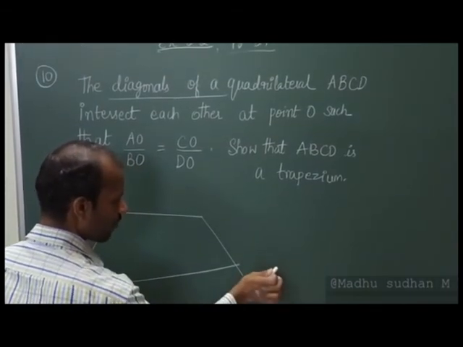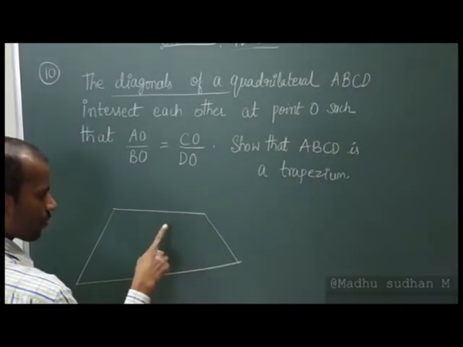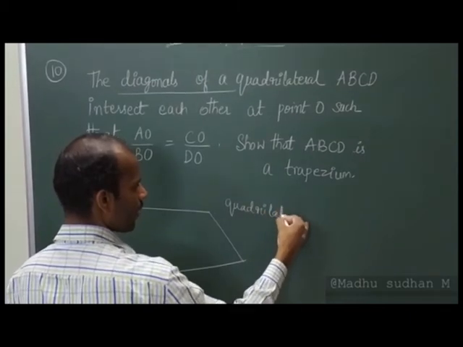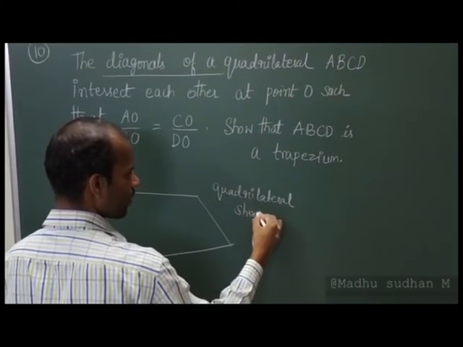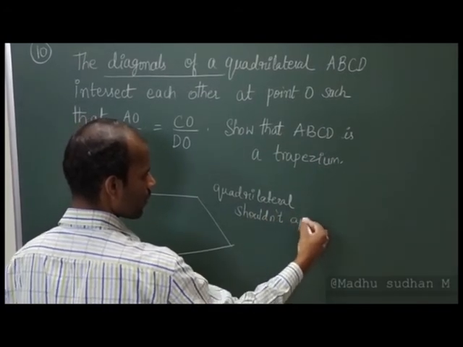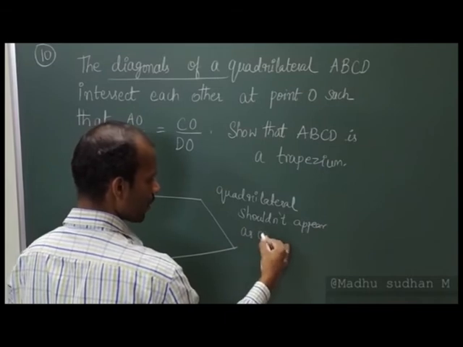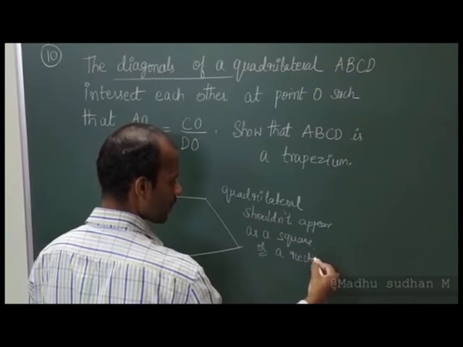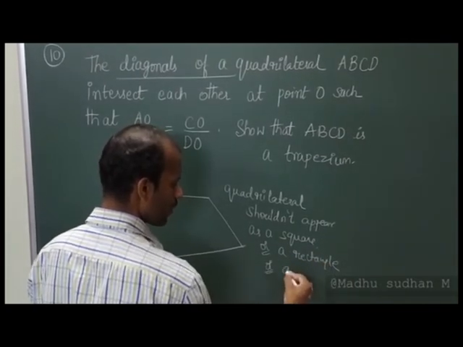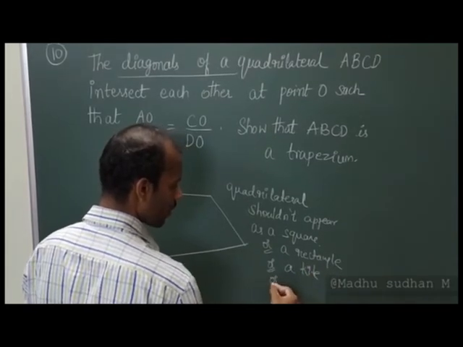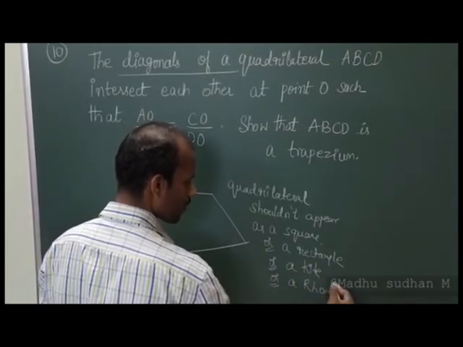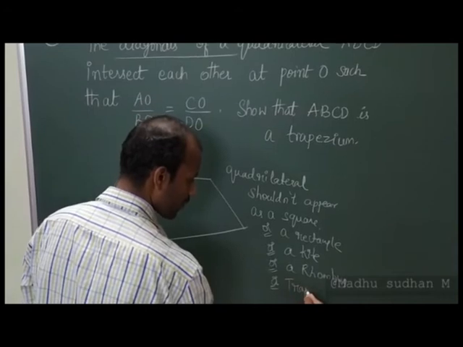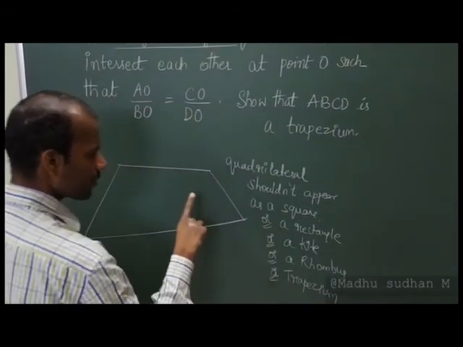When it is said a quadrilateral, this quadrilateral shouldn't appear as a square or a rectangle or a kite or a rhombus or a trapezium also. This is just a quadrilateral.